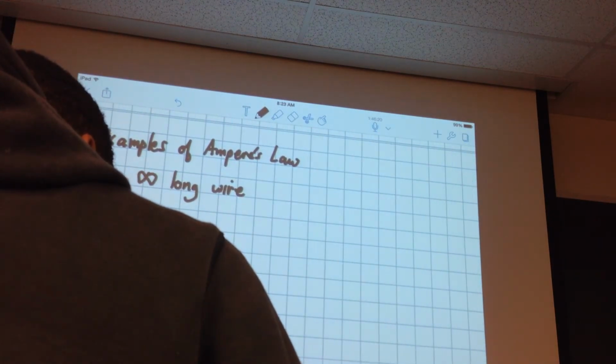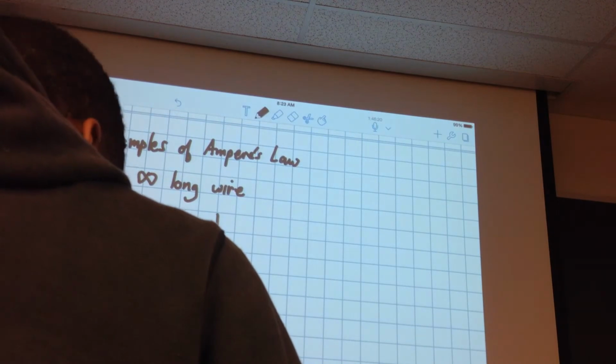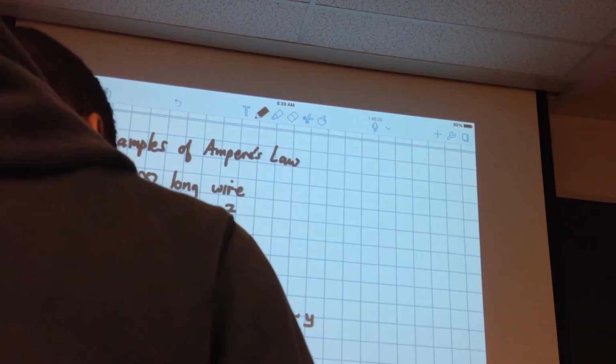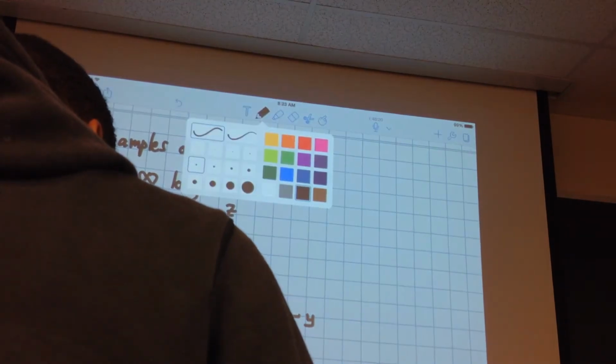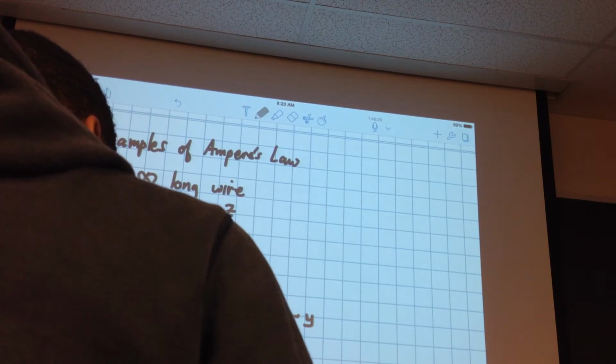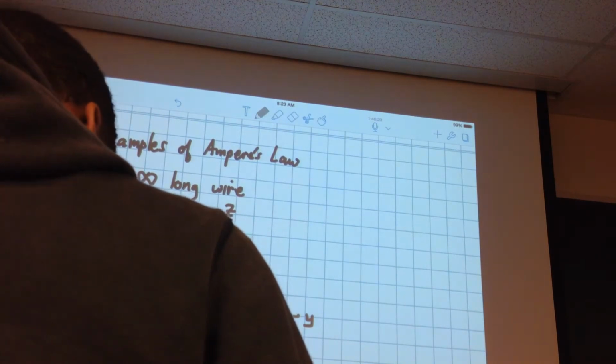Okay, what do I mean by that? If you've got an x, y, z coordinate system, I want to imagine I'm looking at a wire that is just infinitely long along the z-axis.